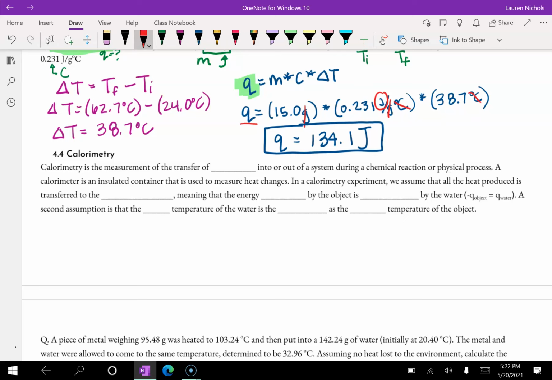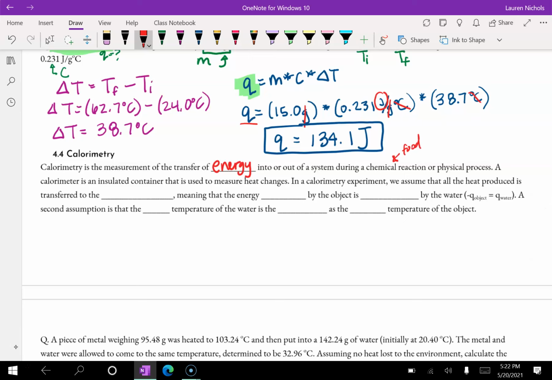Calorimetry is the measurement of the transfer of energy into or out of a system during a chemical reaction or a physical process. So typically the chemical reaction would be like your food.